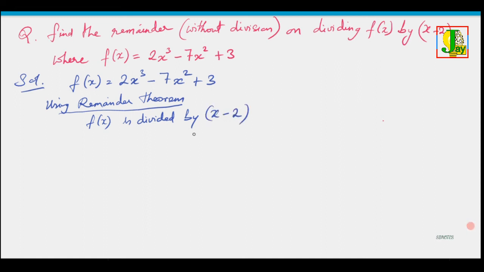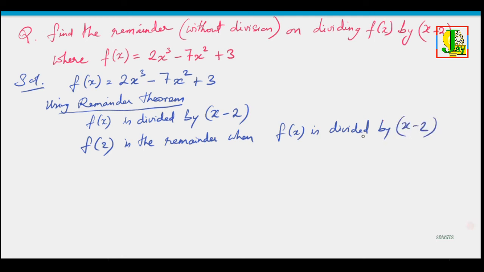Okay, so x minus alpha. Now f of alpha is the remainder, right? So we have to find out what is f of 2, the remainder when f(x) is divided by x minus 2. Okay, so f(x) is given, we need to find out f(2).